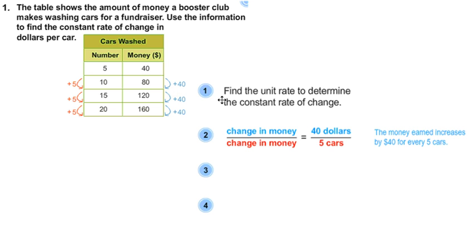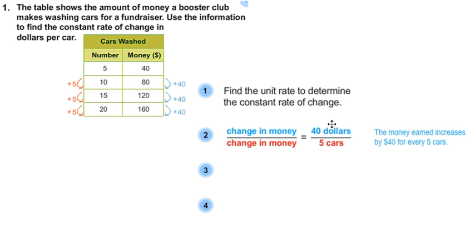So we're going to set up the ratio change in money over change in number of cars. So here we have our money is increasing by positive 40. So we're adding 40 each row. That's my y. In my x, you'll notice that my number of cars is increasing 5 in each row.